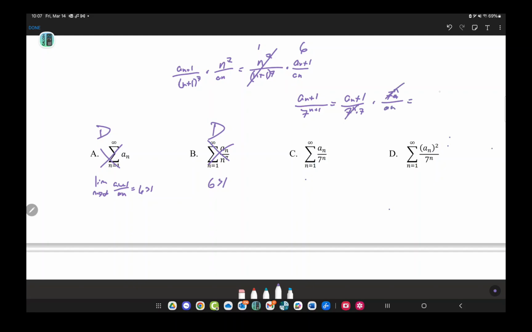So we get a of n plus 1 over 7 times a of n, which is 1/7 times a of n plus 1 over a of n, which is 6 over 7. So that is less than 1, so this converges. Would E not also be 100? No, because you end up squaring, so you get 36 over 7.